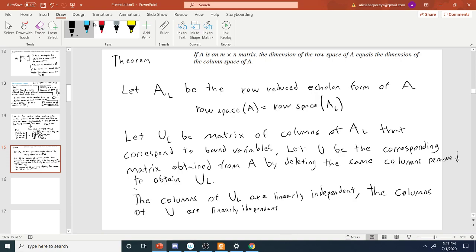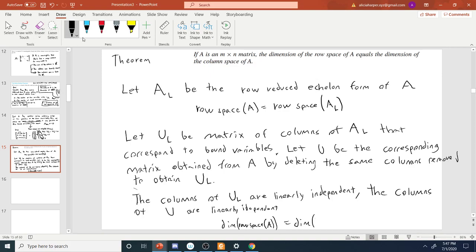But the dimension of UL is actually just equal to the dimension of the row space of A, and actually, I'm sorry.